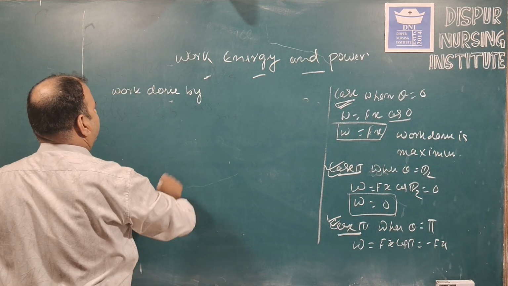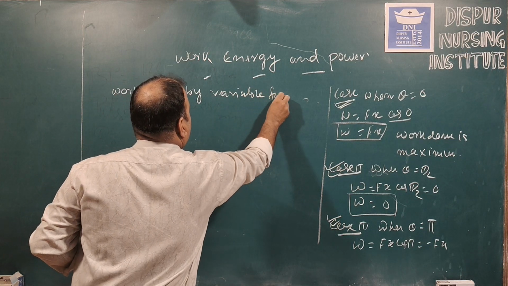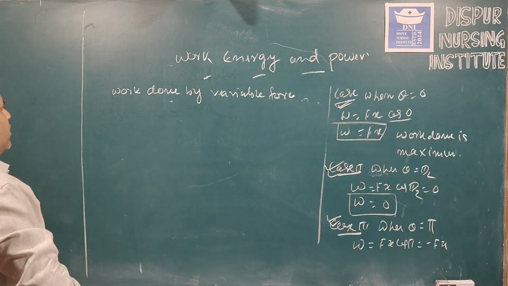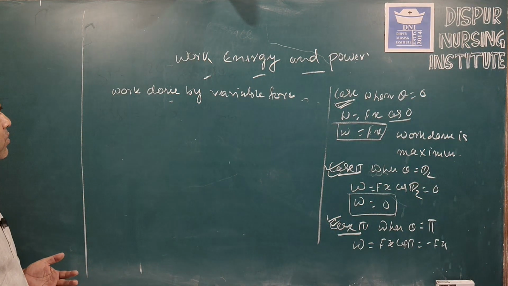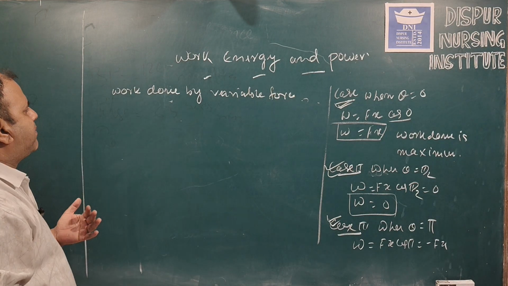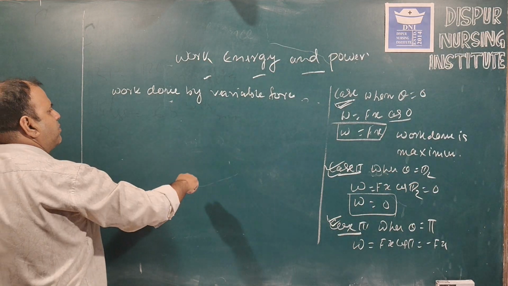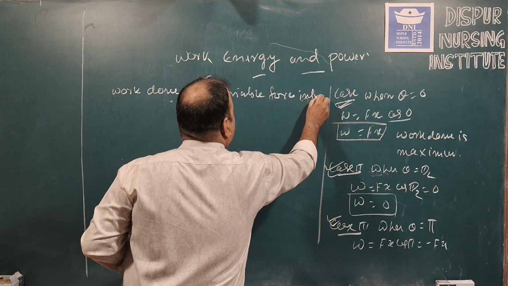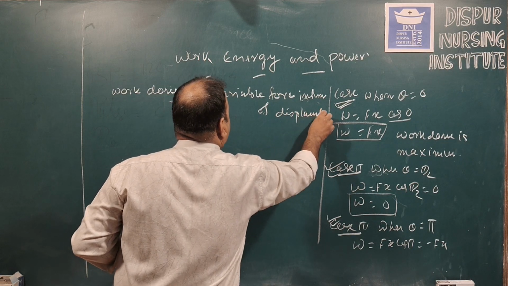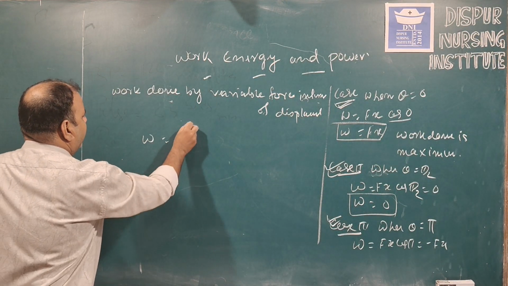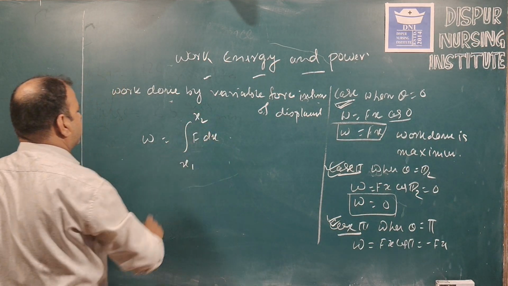by variable force. So what is the work done by variable force? In this case you always remember, when you are talking about the work done by variable force in terms of displacement, it is equal to the integral of F dx, from x1 to x2.